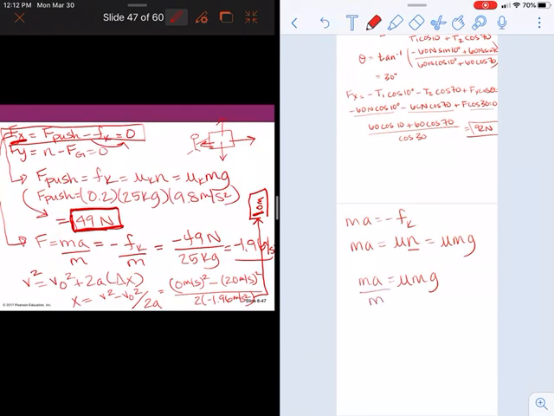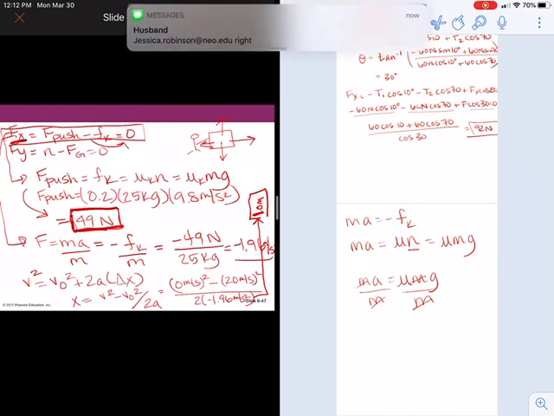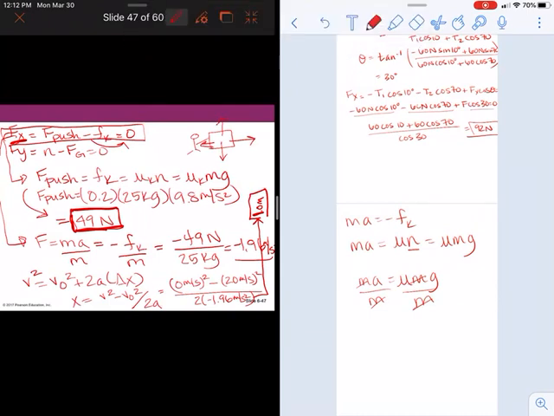And if we were solving for acceleration, do we really need the mass that was involved? No. So there is a chance in your homework or in your quiz or test questions coming up that might not have the mass.